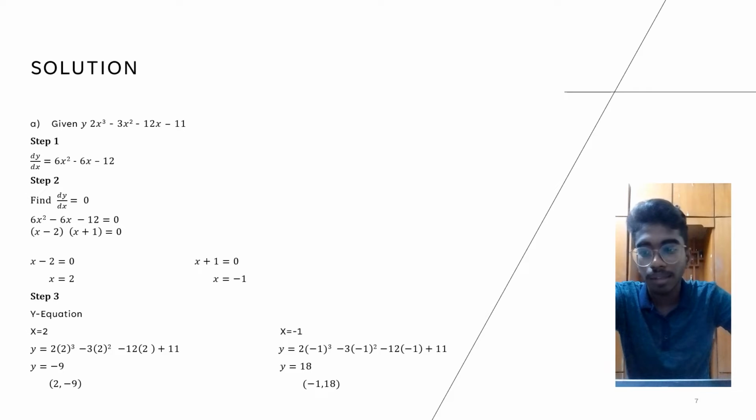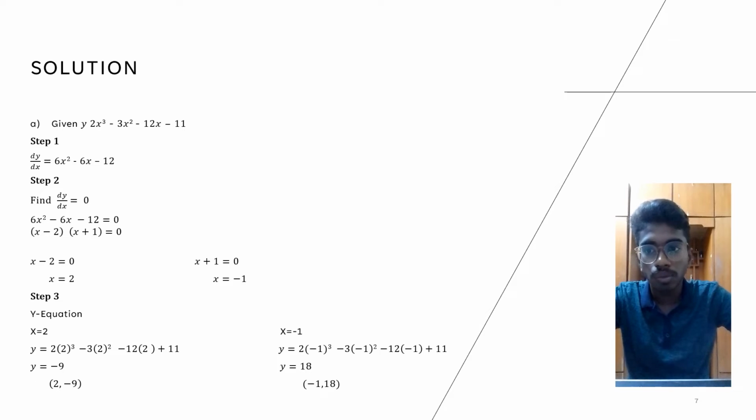We can rewrite this quadratic in factor form: x minus 2 times x plus 1 equals 0, so either x minus 2 equals 0 or x plus 1 equals 0. Thus x equals 2 or x equals negative 1. And now we have two solutions to dy dx equals 0.